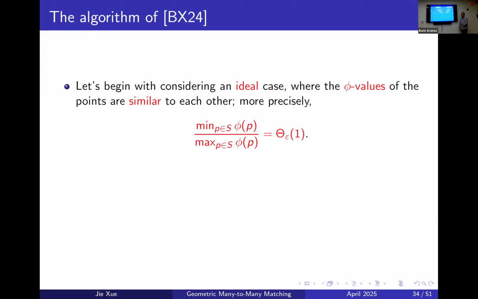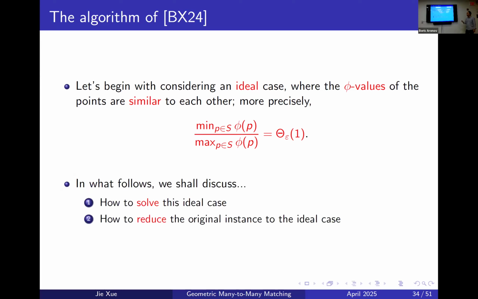Of course, this is not necessarily the case at the beginning, but we will show we can somehow reduce to this case. In what follows, let's just discuss how to solve the problem in this ideal case. And then if we have time, we can discuss how to reduce to this ideal case. So the ideal case is all the penalties are similar to each other.